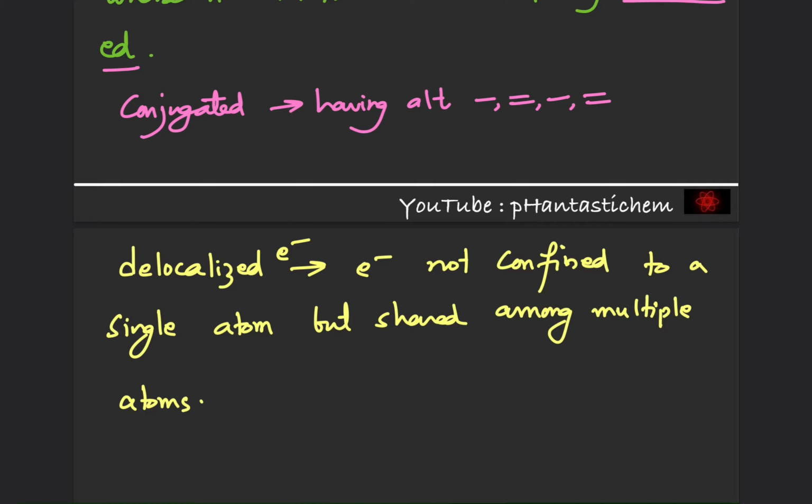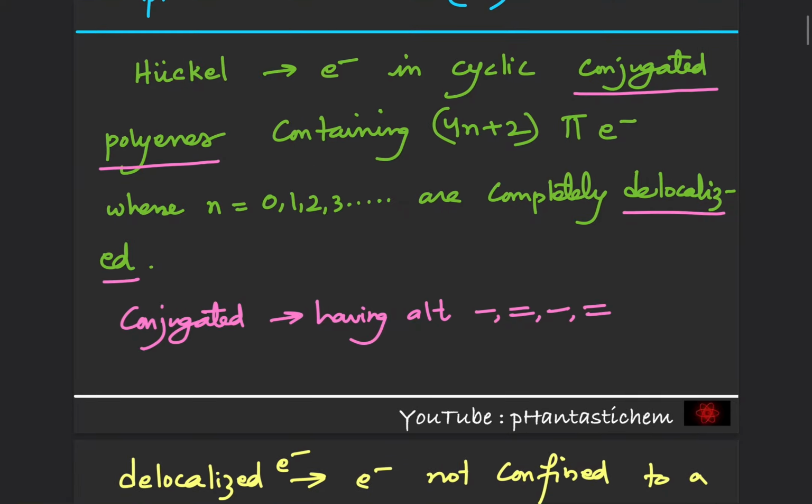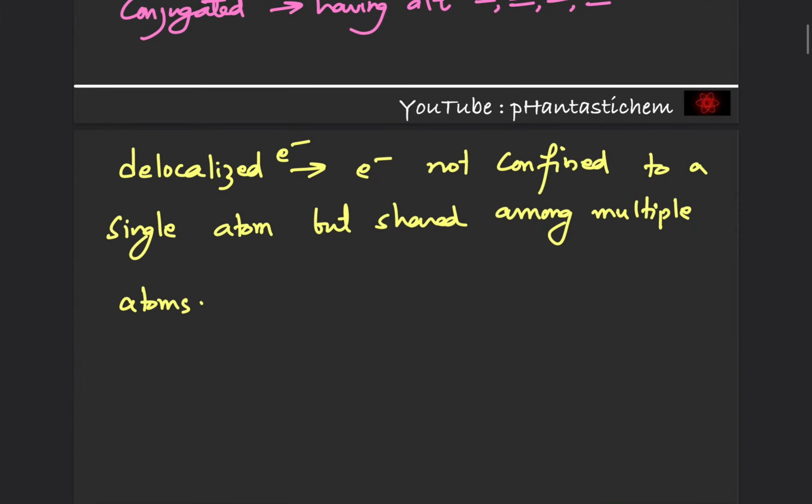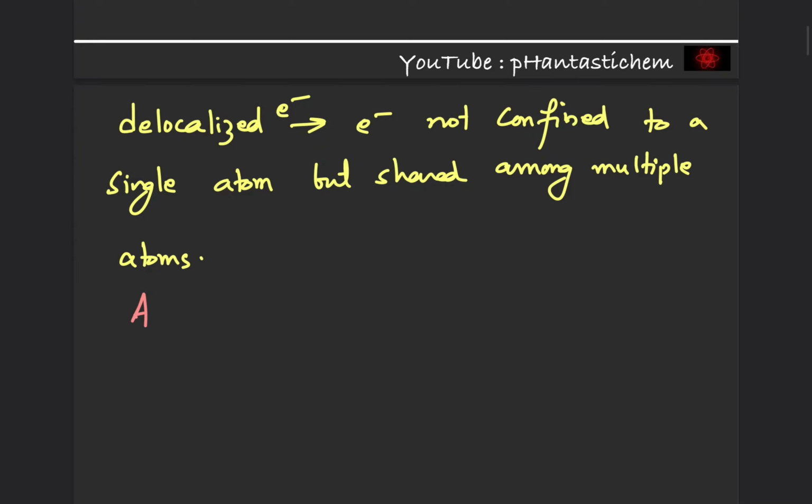Because of this delocalization, these molecules become very stable, and all such compounds which satisfy these observations are called aromatic compounds.